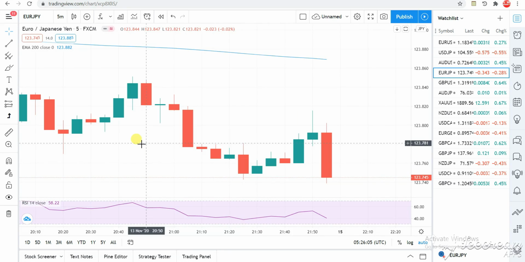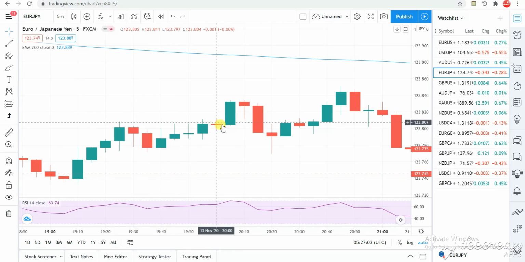So guys, I want to show you this candlestick, which is this one right here. This candlestick is actually a doji candlestick because the highs and the lows are equal, and it's not that strong. It's a weak equal highs and equal lows, and you can see the open and close.